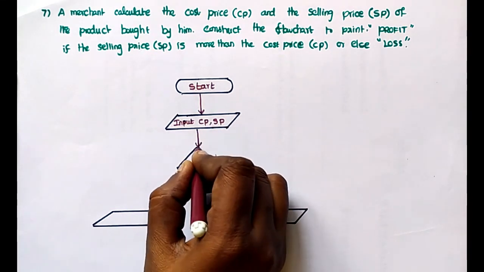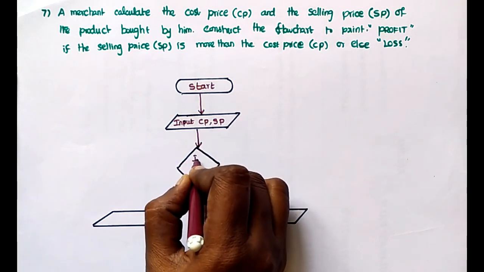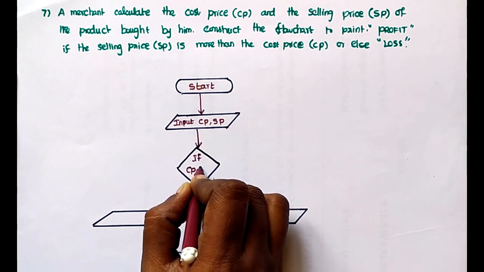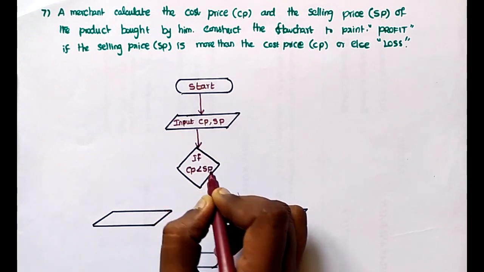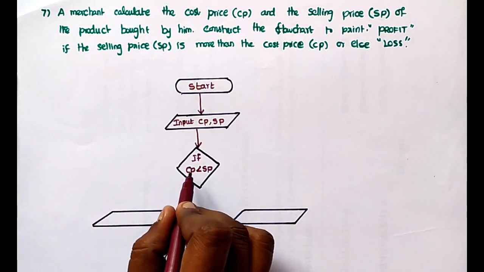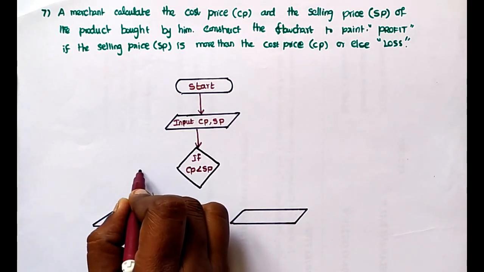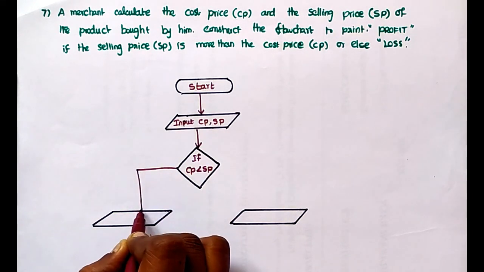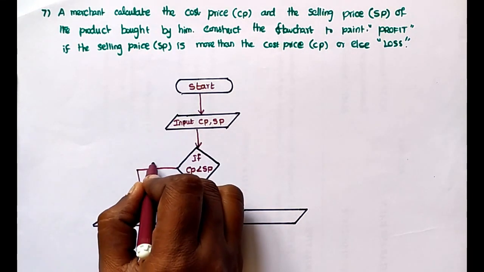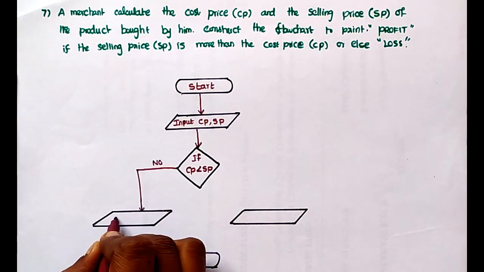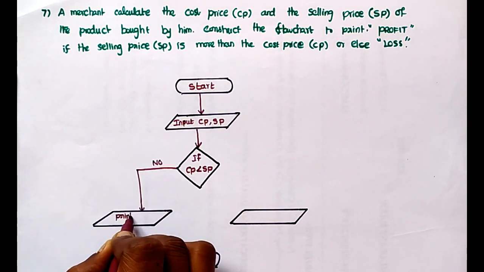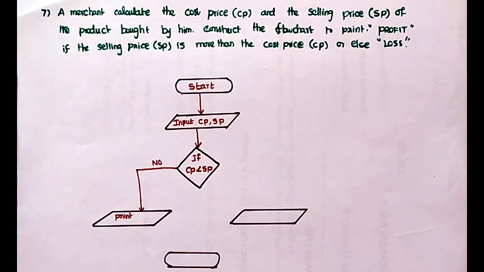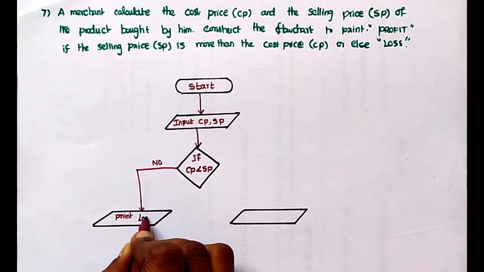Now write down the condition. If CP, cost price, is less than selling price means. The condition is no, that is print loss.